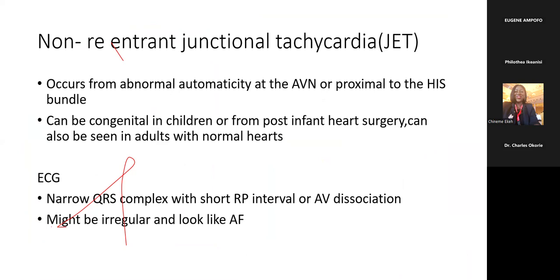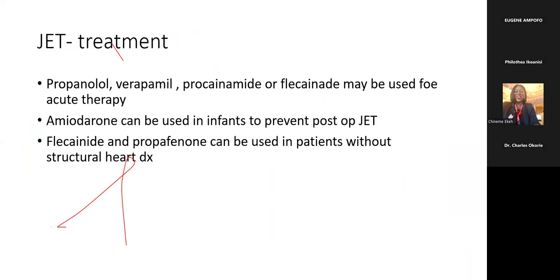Then the treatment: patients benefit from propranolol, verapamil, and other antiarrhythmic agents. Amiodarone can also be used in infants to prevent post-op junctional reentrant tachycardia.